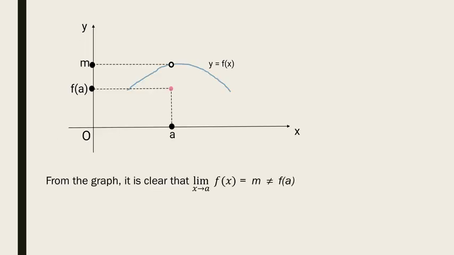Isolated means it is just a point. The graph is situated alone at a. The graph at x equal to a is a point, and it is far from the remaining part of the graph. So it is situated isolatedly. That is why this kind of discontinuity is called isolated type discontinuity.